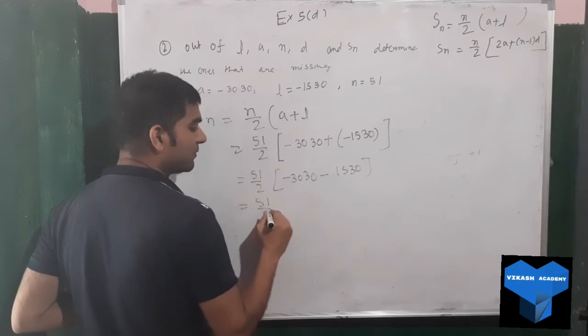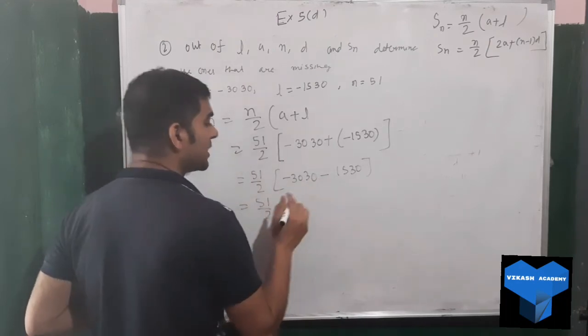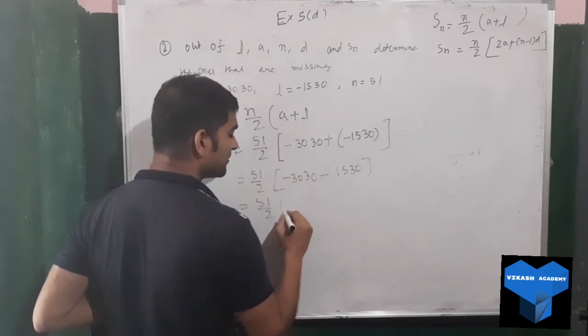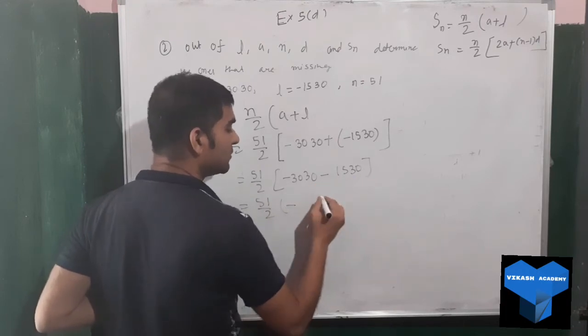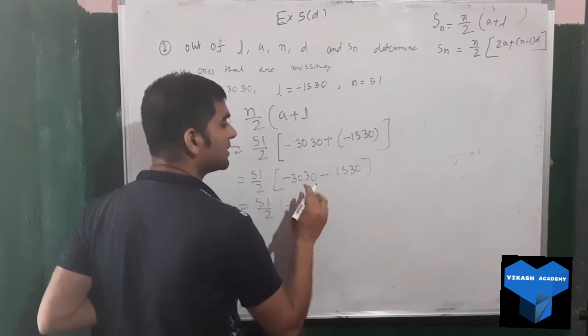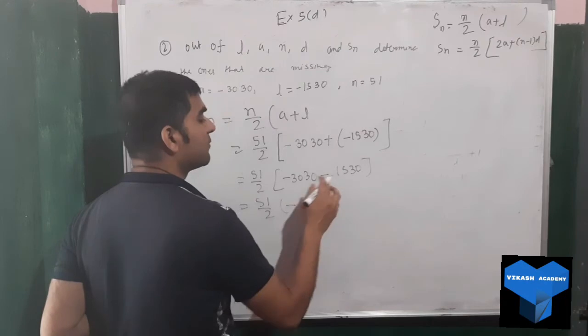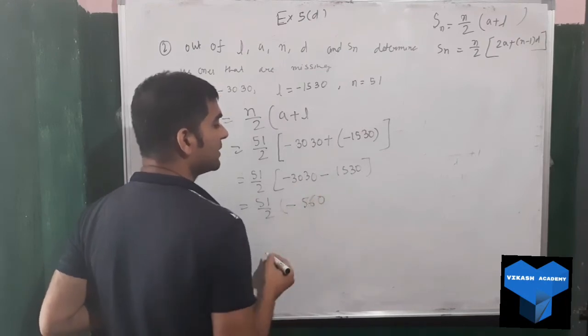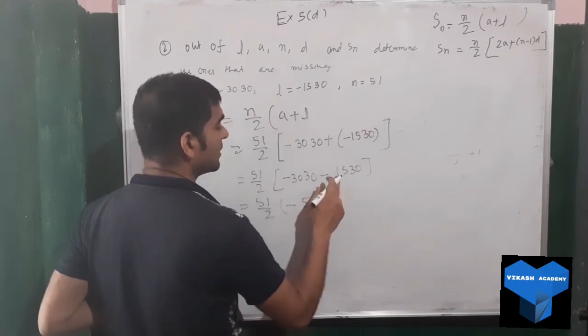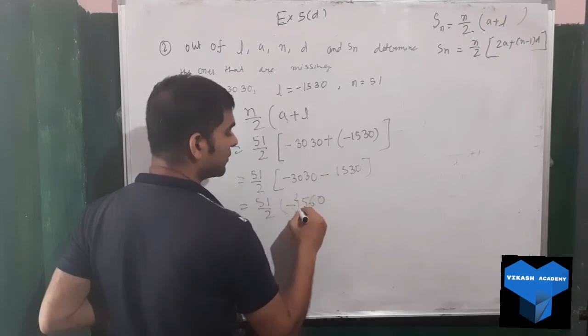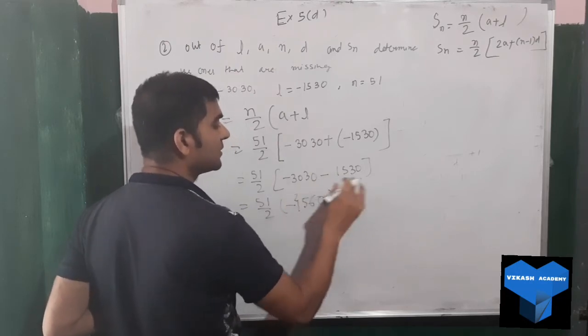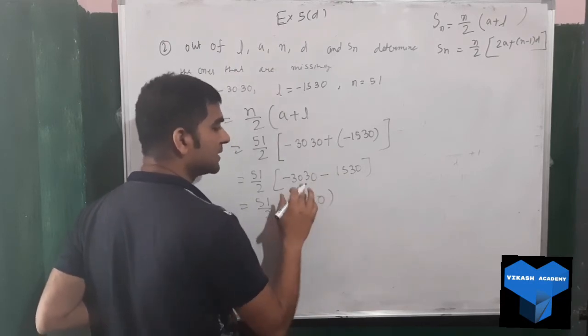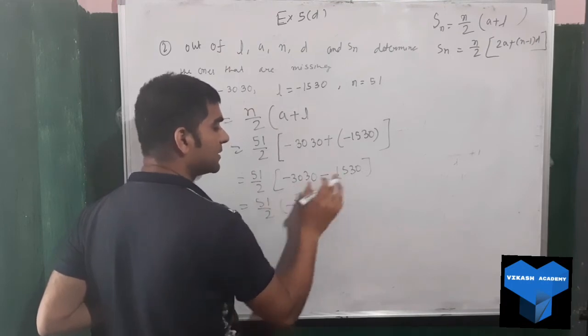51 by 2 minus, both are minus, we will write minus here. 0 plus 0 will be 0. Then 3 plus 3 will be 6. Then 5 plus 0 will be 5. Then 3 plus 1 will be 4. Okay, I hope addition is correct. 0 plus 0 is 0, 3 plus 3 is 6, 0 plus 5 is 5, 3 plus 1 is 4.